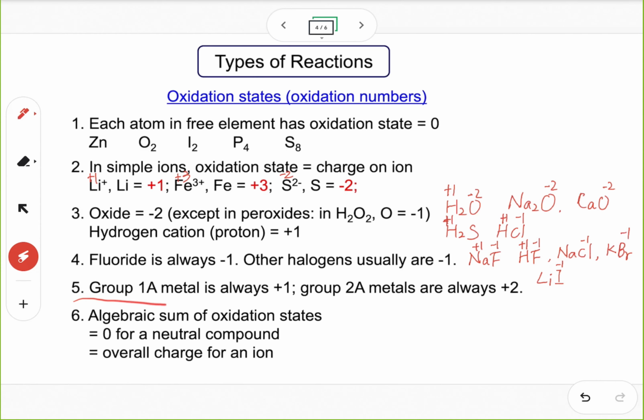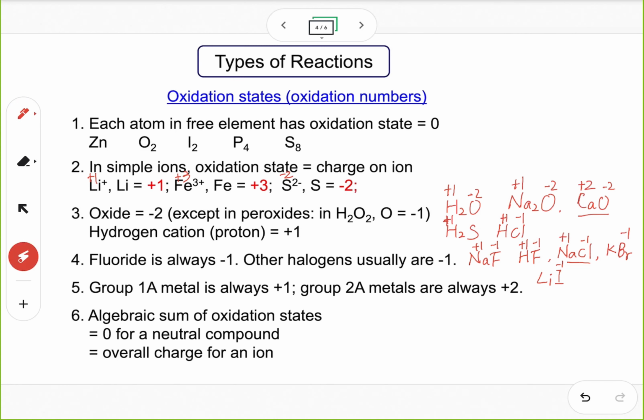Rule number 5: Group 1A metals always +1. Group 2A metals always +2. We talked about sodium oxide, so +1 for sodium, a group 1 metal, and sodium chloride +1, and sodium fluoride +1, calcium, a group 2 element, +2.